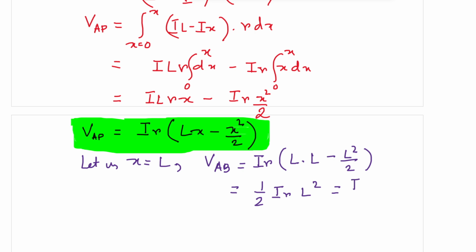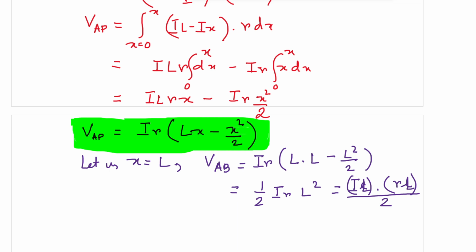It will be in this way: you should take I into L and R into L, divided by 2. It is not the small l, it is the capital L.